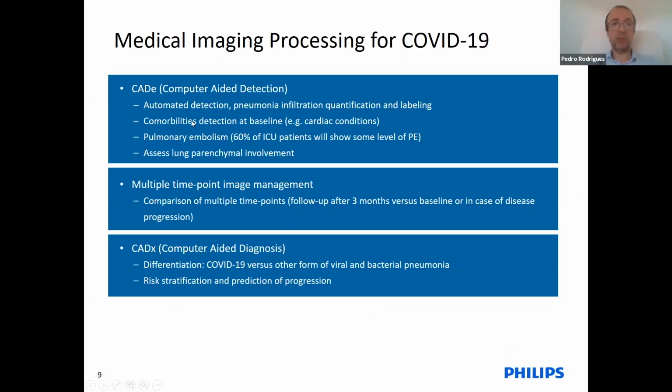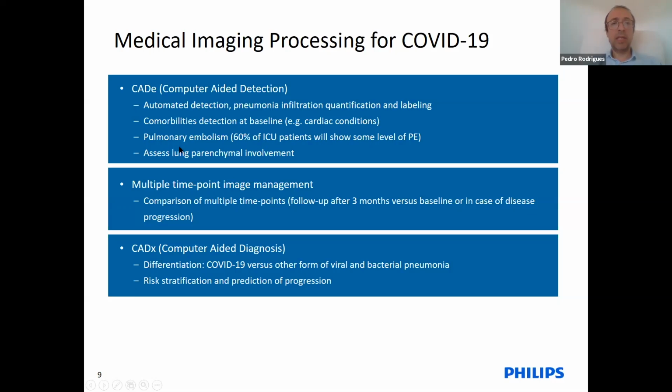management of this disease. The first one is basically computer-aided detection software. This software is targeted at automatic detection and quantification of pneumonia infiltration and labeling, so ground-glass opacities and crazy paving, for example. Typically, because there might be important comorbidities at play, usually those should also be detected at baseline, for example, heart conditions that might not be known for the patient.